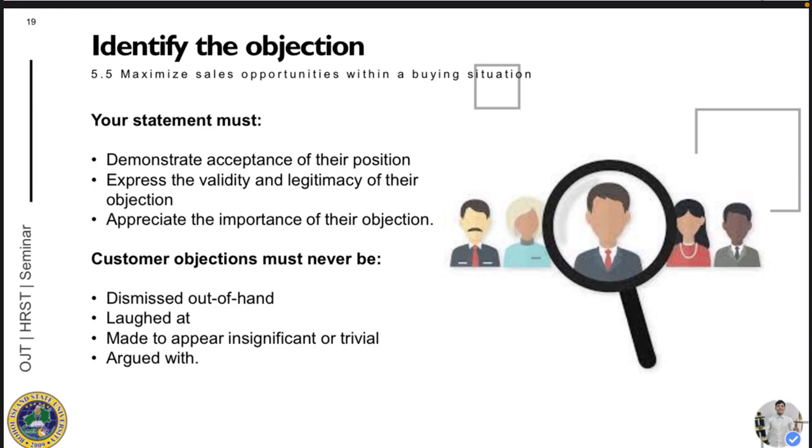So it is important at this stage to ensure you have understood all aspects of their objection. Restating their objection back to them enables this to occur. So on the upper side, that is the appropriate way in the response to objection.